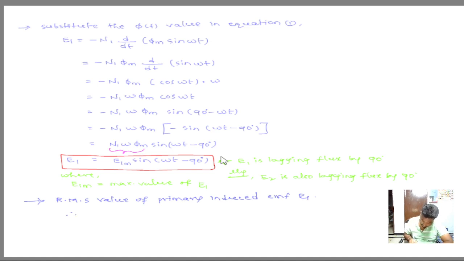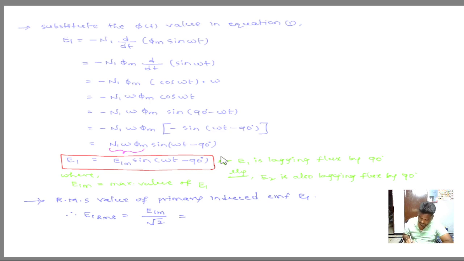Therefore, E1 RMS, we know that the RMS value of voltage is E1 max by root 2.